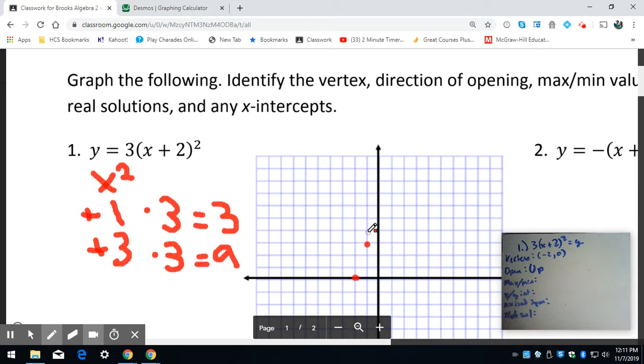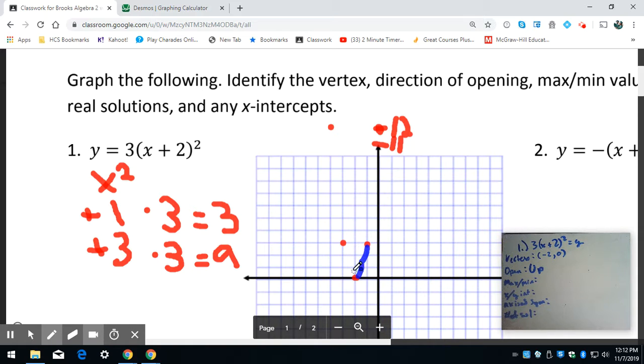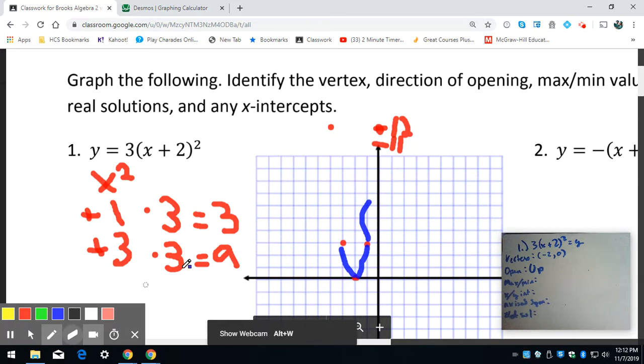So we go up 9 over 1, 2, 3, 4, 5, 6, 7. So this would be 8 right here, and this would be 9 up here. Right? So I have a point right there. The same thing in the opposite direction here. And of course up here would be like that. And this is kind of our graph, should look somewhat like, ooh, you get the idea.